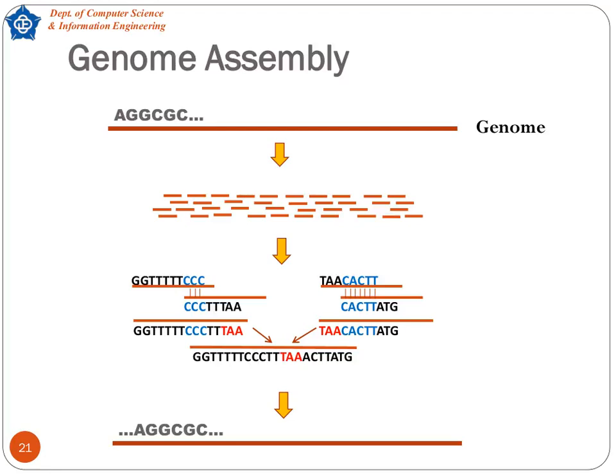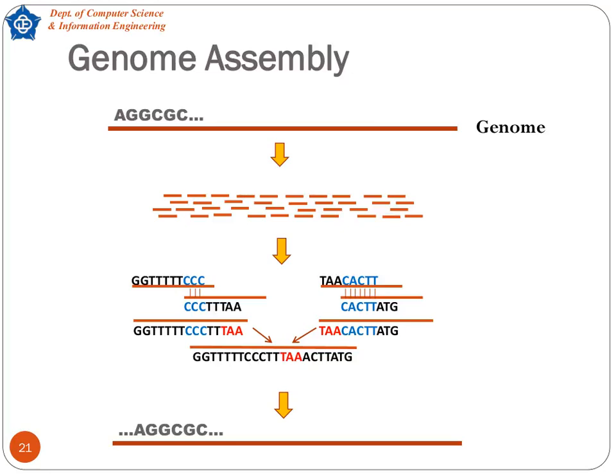This slide walks through the basic steps of genome assembly. At the top, you see the original genome drawn as one long, continuous sequence. Sequencing machines then chop that strand into many shorter fragments, or reads. In the middle panel, we've picked out 2 example reads that overlap. One ends in C, C, C, T, T, A, A, and the next begins with that exact string.